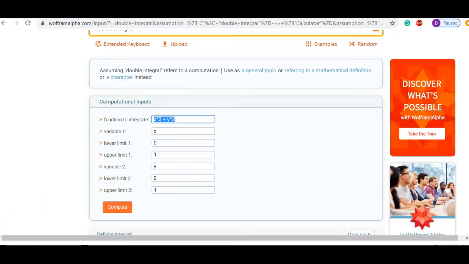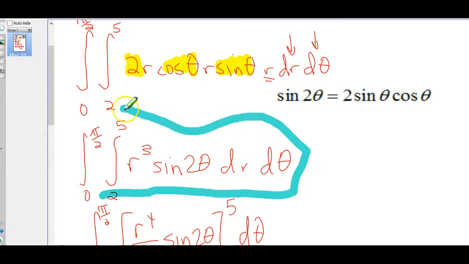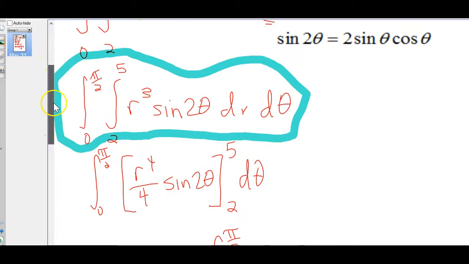this is when I switch it to polar. So when it became this thing right here, this is what I'm going to feed into Wolfram Alpha, because I need it to have the same differentials as it does the limits. And notice we started off with x and y, but we quickly switched things to polar, so it needs to be in this polar form.